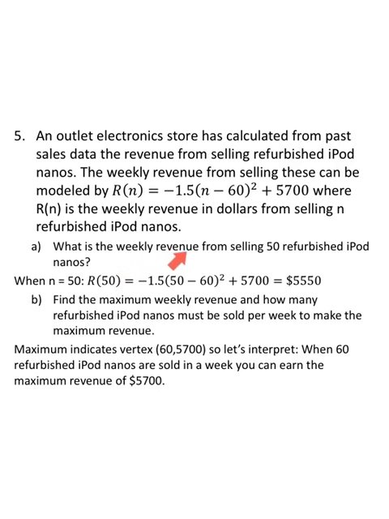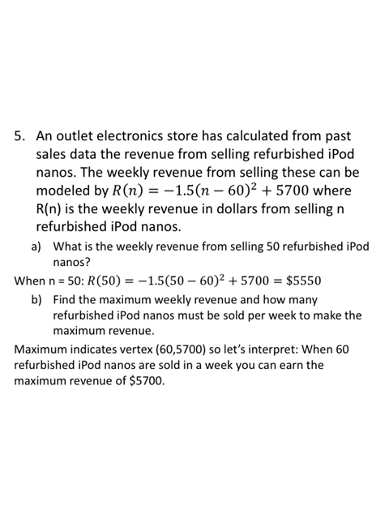So what's the weekly revenue from selling 50 refurbished iPod Nanos? Well, there's 50 nanos. So put 50 in for n and simplify. 50 minus 60, using order of operations. Look at our parentheses first. That's -10. -10 squared is a positive 100.